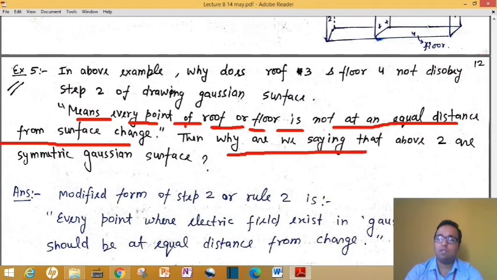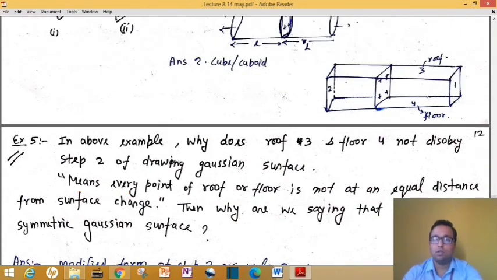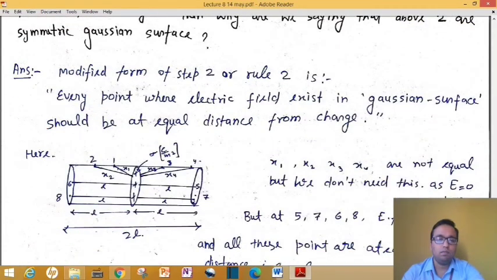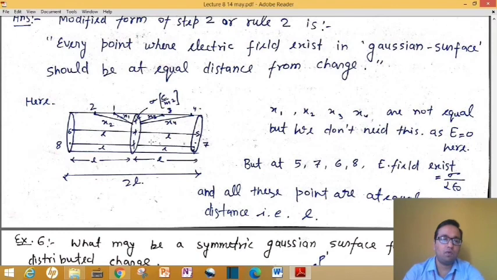Then why are we saying that the above 2 are symmetric Gaussian surfaces? So this is the main question that many students have doubt in: this point 3 and this point 4 are not at equal distance. Okay, see here, try to focus on this diagram. Basically this is a clearer diagram.